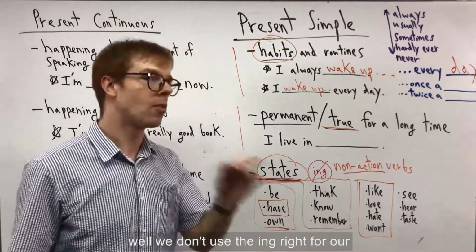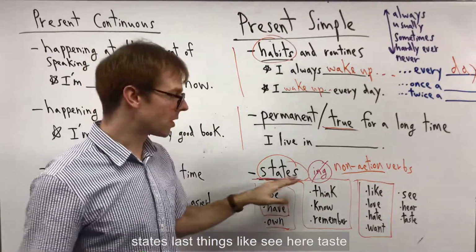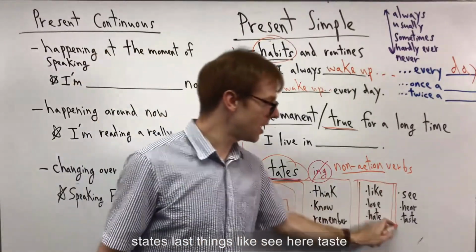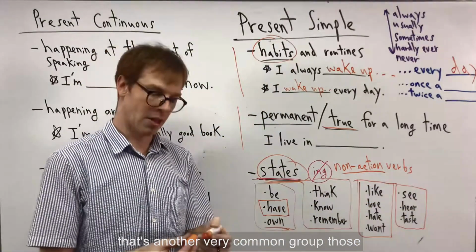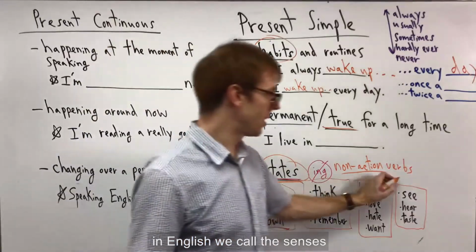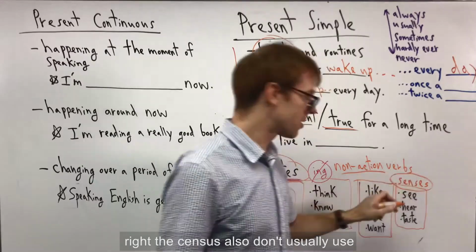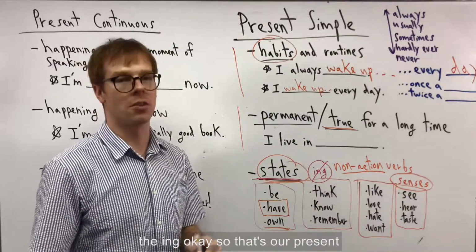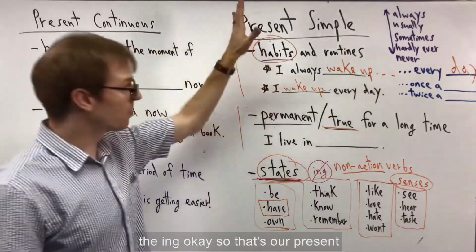These as well, we don't use the ing. Last, things like see, hear, taste. That's another very common group. Those in English we call the senses. The senses also don't usually use the ing. Okay, so that's our present simple.